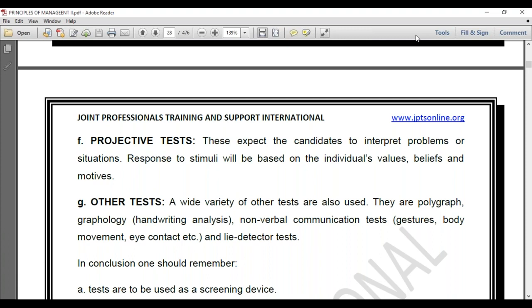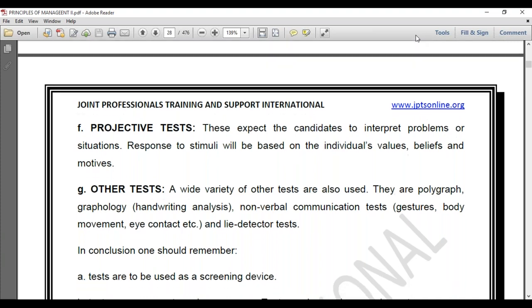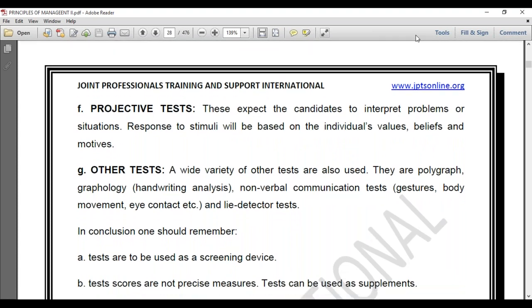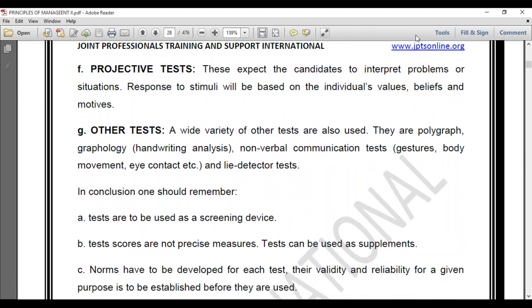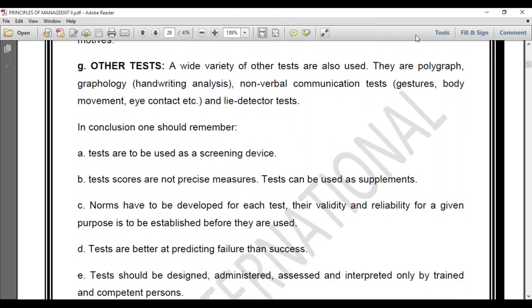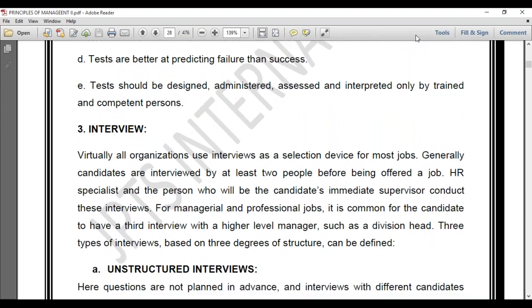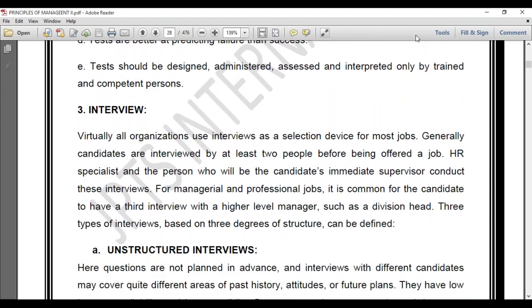That helps in identifying your projective ability, your ability to apply your skills in the course of solving problems. We also have other varieties of tests that can be used in the course of getting you employed in the workplace. The third one is the interviews.